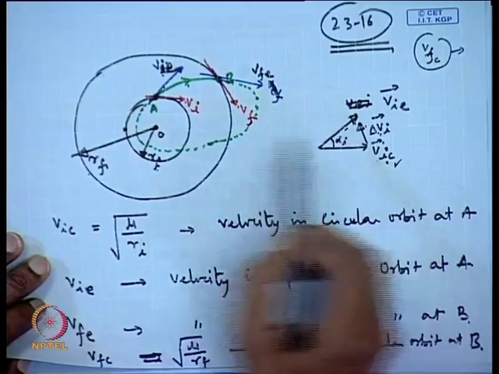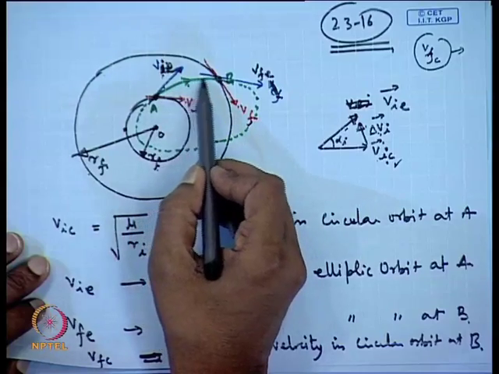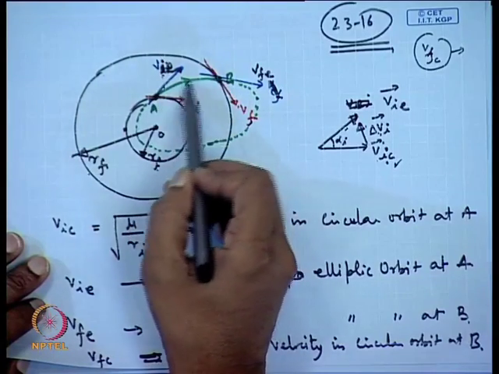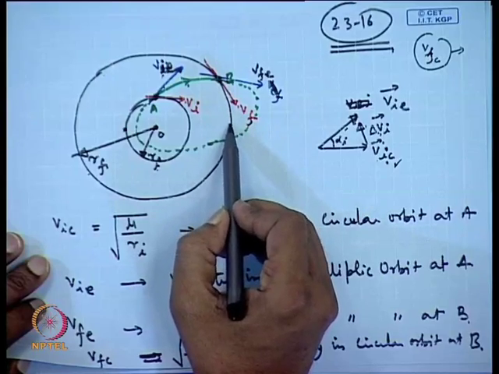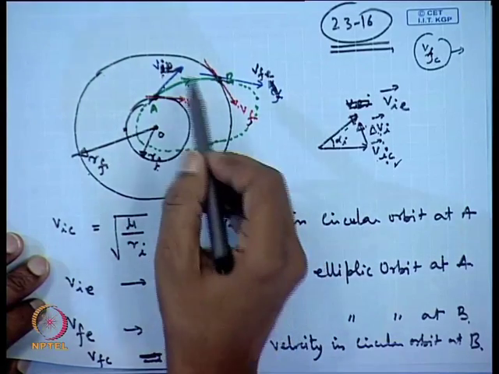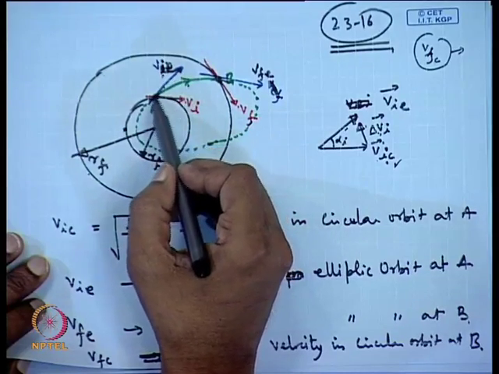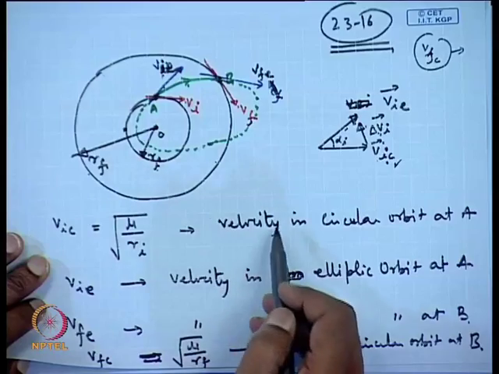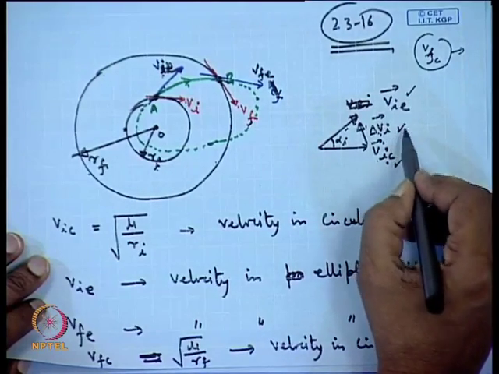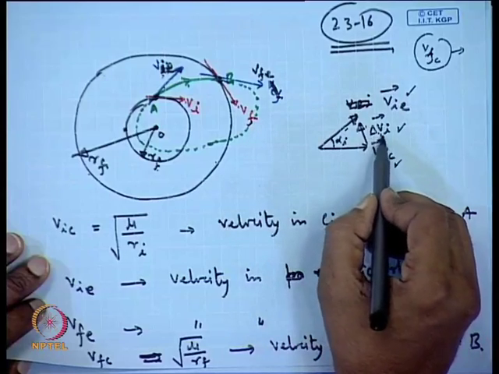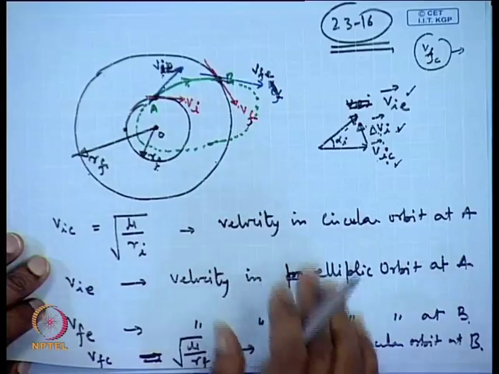If V_IE is the velocity in the elliptical orbit in which the satellite is to be put for the transfer purpose, and from there it will be put into the final circular orbit. For sending it along this direction, we need a velocity which is given by V_IE. Now, V_IE is the required velocity. How much change in velocity is required, that is given by delta V_i.